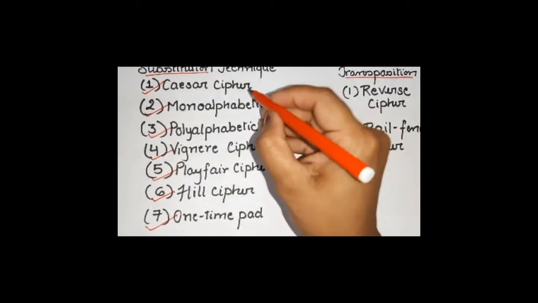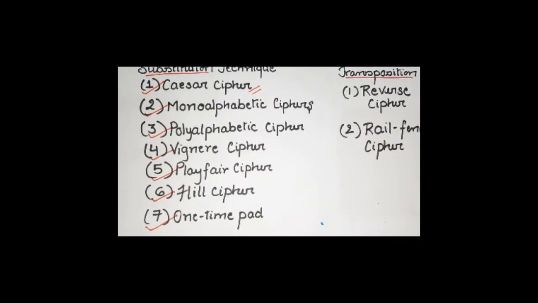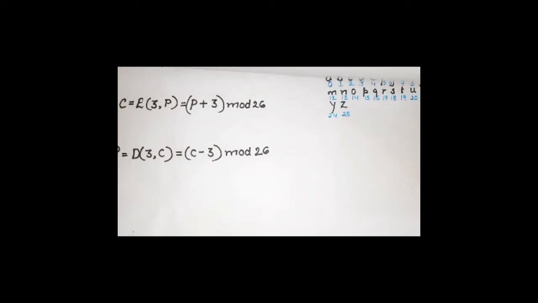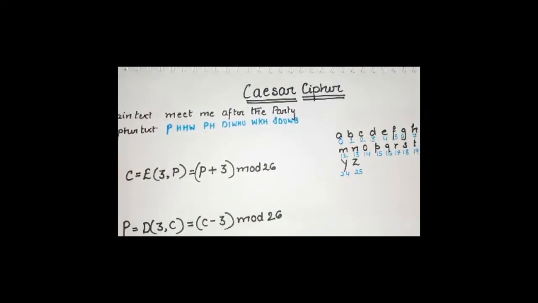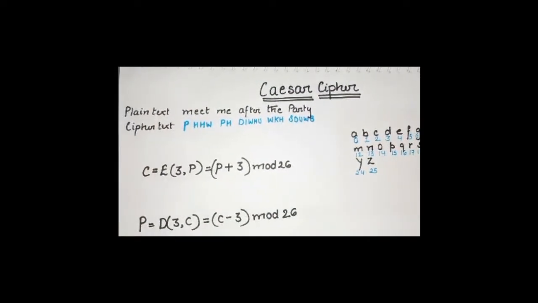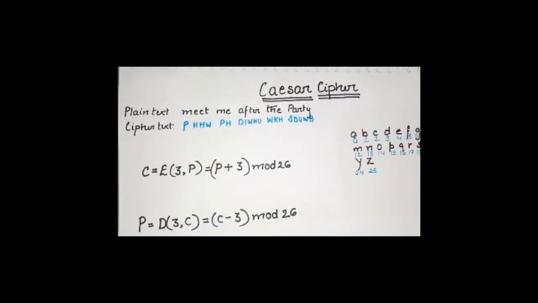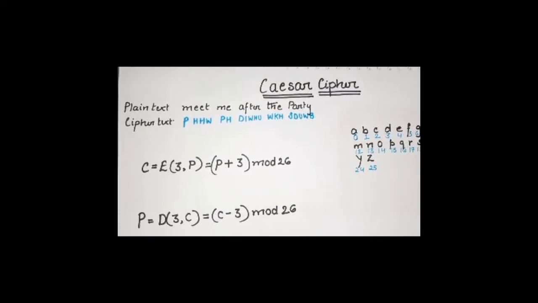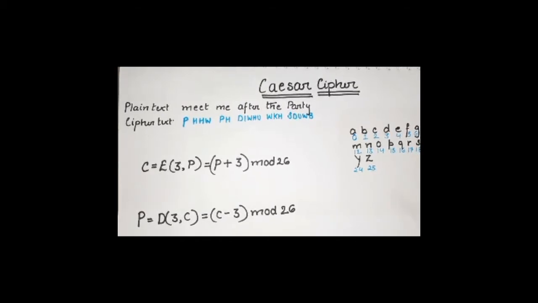To start with, Caesar cipher. The word Caesar cipher has come from the era of Julius Caesar.